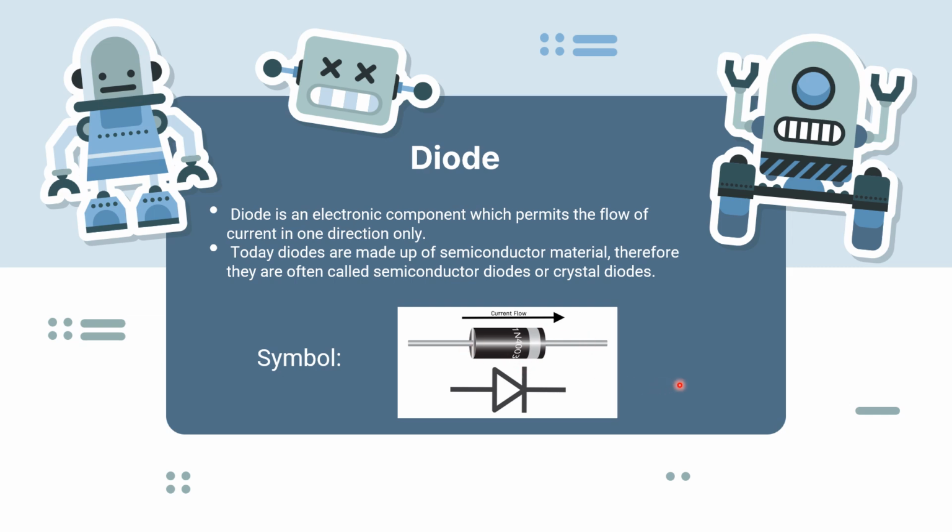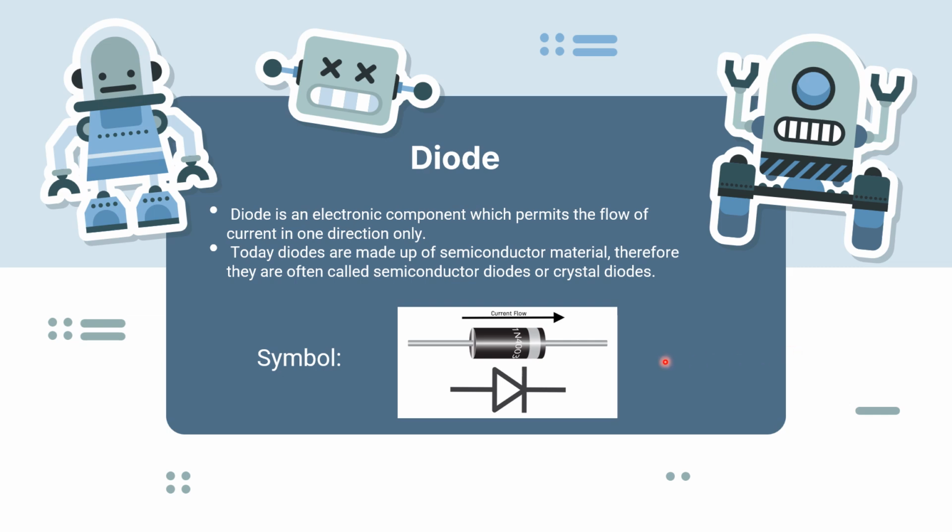But because our course is not exactly about that, we don't want to go into the details of electronics, so I just say how it works and how we should use them in our circuit.